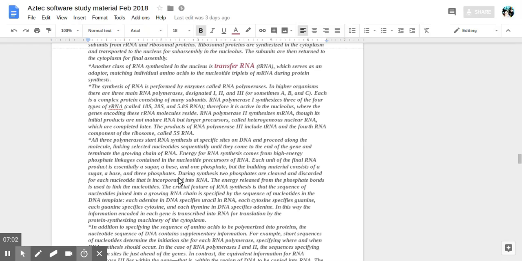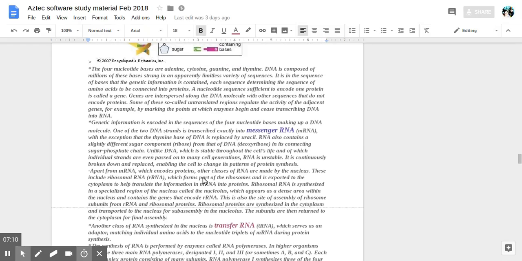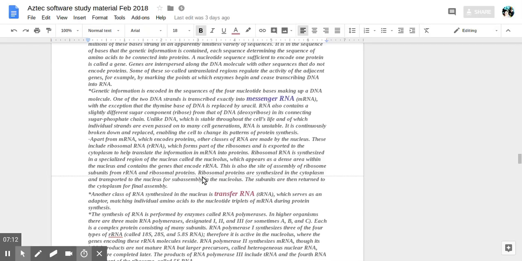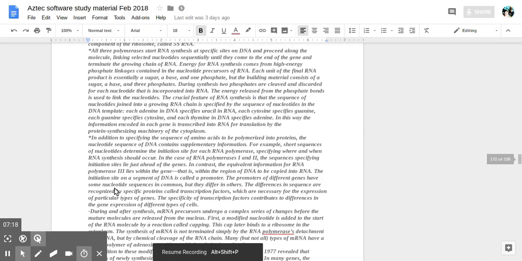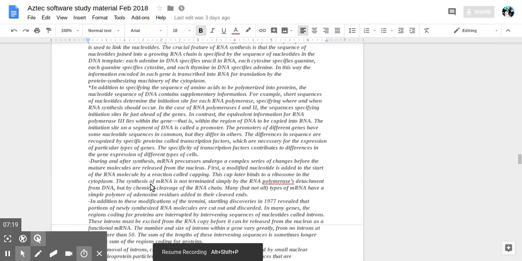In this way, the information encoded in the genes is transcribed into RNA for translation by the protein synthesizing machinery of the ribosome, which is in the cytoplasm.